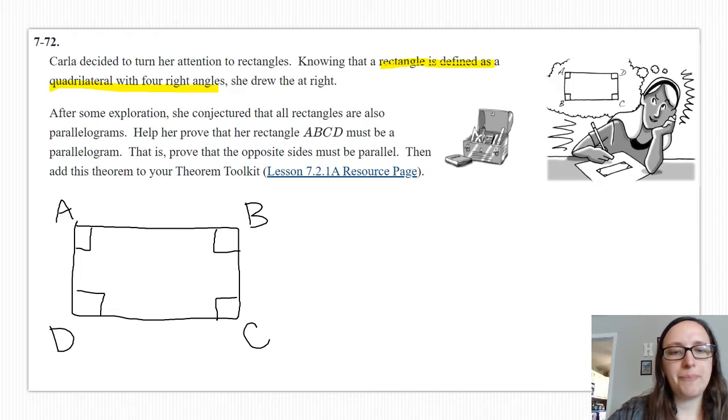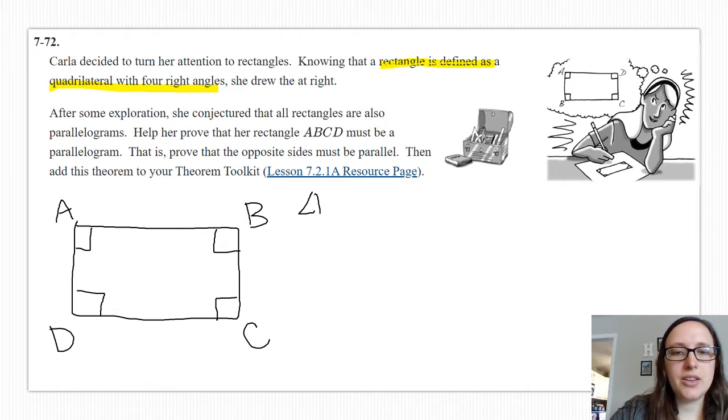All right, so I know that B and C are same side interior angles, and I know that they're both 90 degrees, and 90 plus 90 is 180. We have a theorem that says if same side interior angles are 180 degrees, then the lines are parallel. All right, so I'm just going to write all that information down.